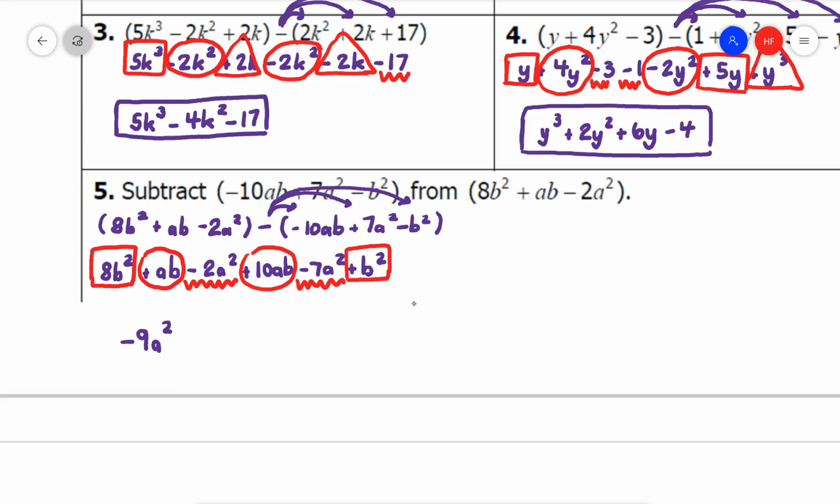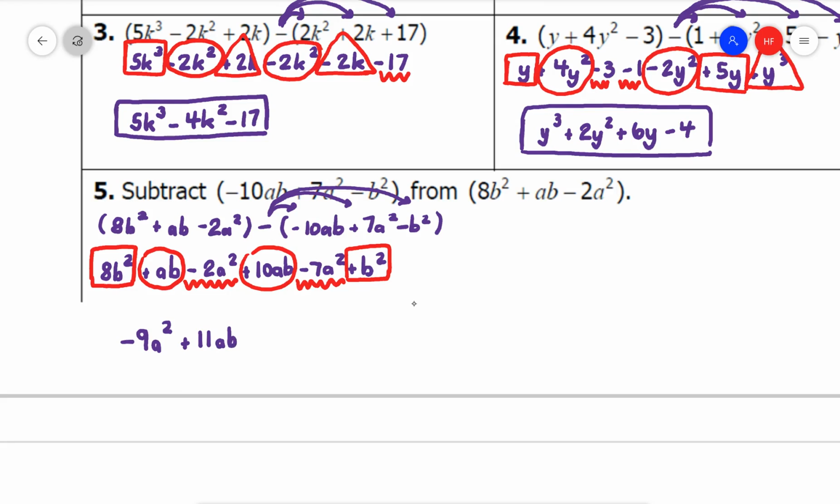Then we're going to put our terms together for the middle. So the ab will be right in the center. We have ab plus 10ab. So imagine that ab is one variable. If that said, let's say z plus 10z, we're going to add 1 to 10. We would have 11z, which would be 11ab.